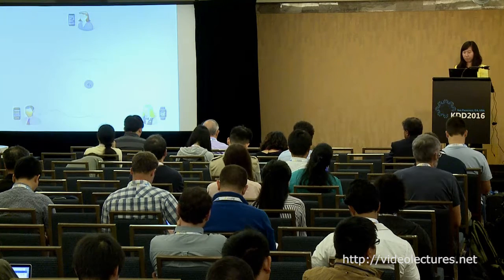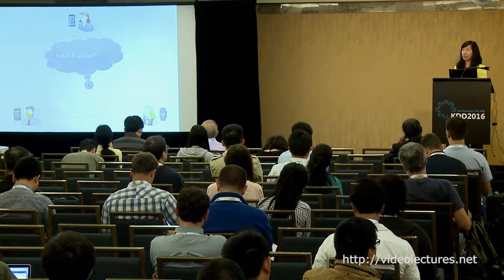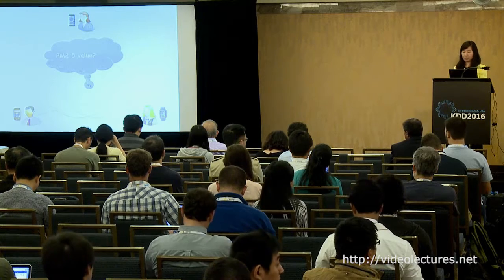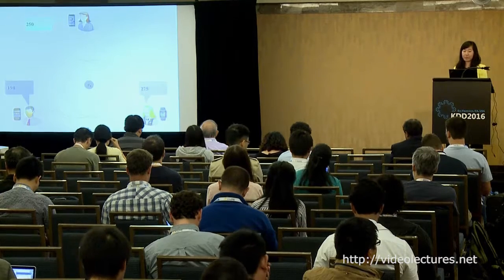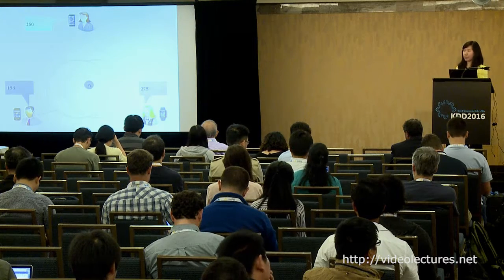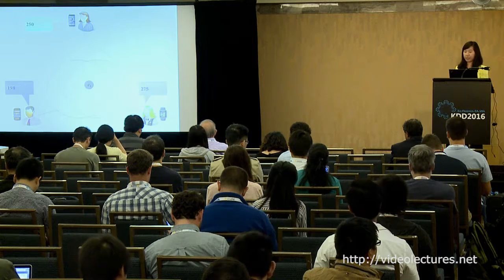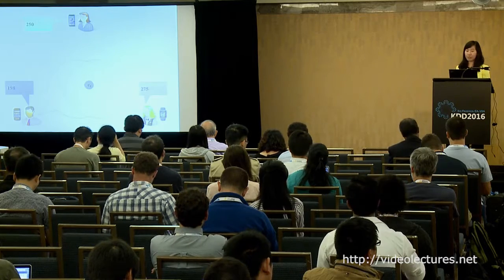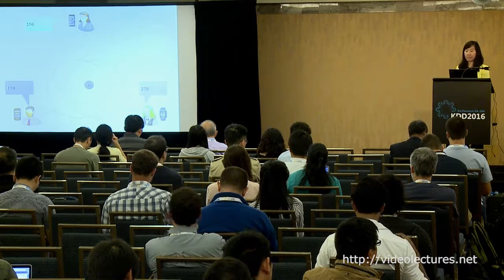For example, suppose we are interested in the PM 2.5 value of a certain location, and there are different users who carry portable devices who can give sensor values about this PM 2.5 value. But because of the variance in the sensor quality and the way people carry sensors, they may give different values for the same location. So now we can conduct truth discovery to find out the true value of the PM 2.5 value at this location.